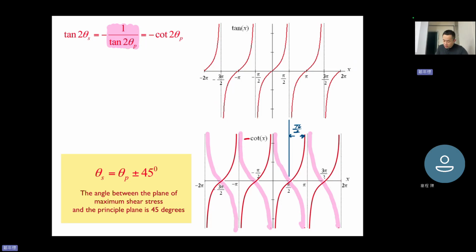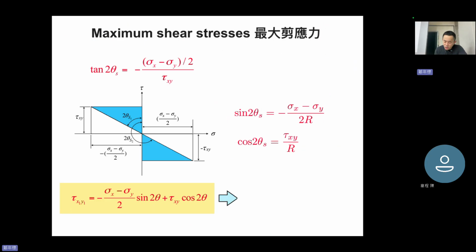When you determine the principal stress orientation, you can directly add 45 and subtract 45, and you get the maximum shear stress plane. All right, so for maximum shear stress, you can get this. Your tangent 2 theta s is equal to this one.